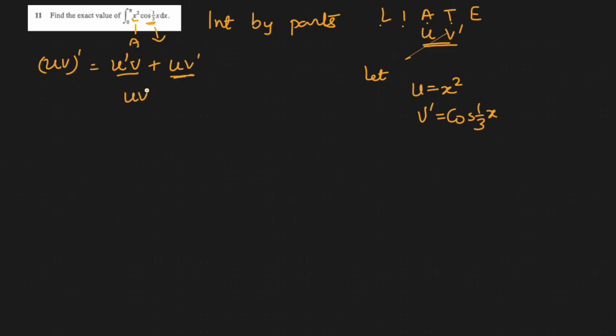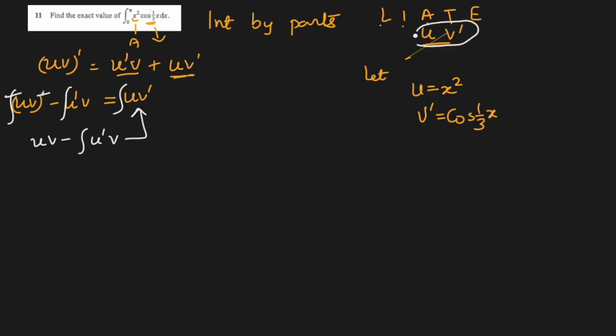So uv prime equal to uv minus u prime v. But our question is integration, so we'll integrate both sides. In integration, the differentiation and integration will cancel out each other. So we are left with uv minus integration of u prime v. That is equal to what we have assumed, where u is x square and v prime is cos 1 over 3x.